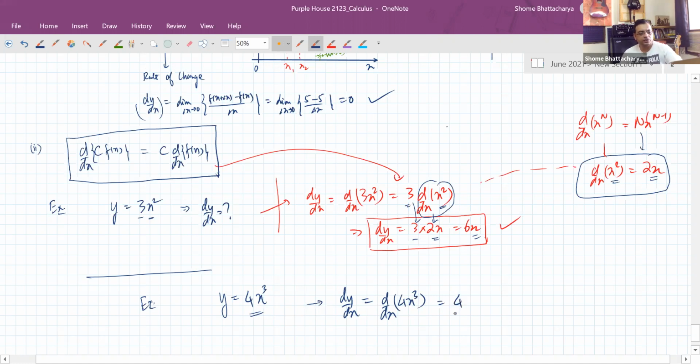I'm applying this property, so the constant is simplified by taking it outside, and then I apply this principle: differentiation of x to the power n is n x to the power n minus 1. So this becomes 4 into 3x square. So finally my answer becomes how much? 12x square. So dy by dx, which is differentiation in this case of 4x cube, is now given by the formula 12x square.